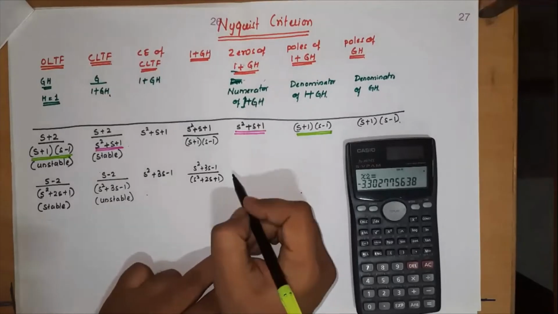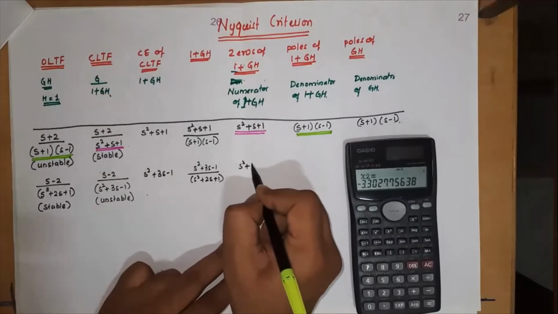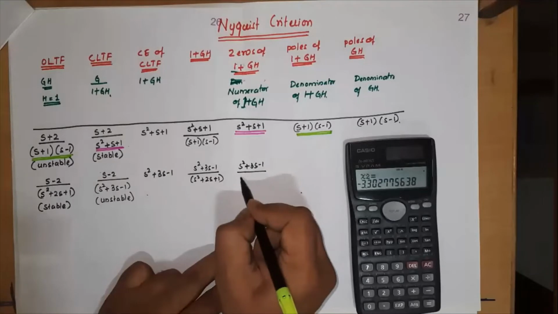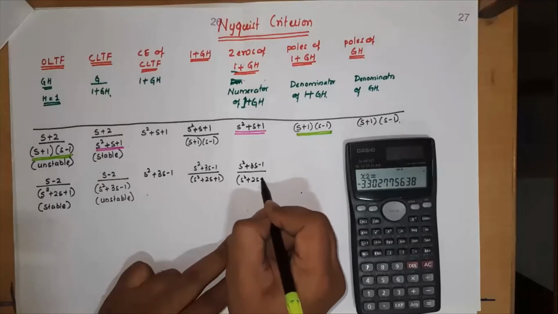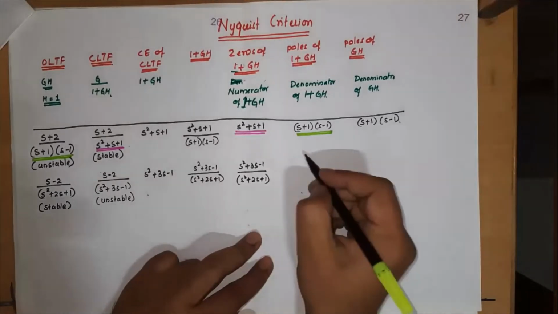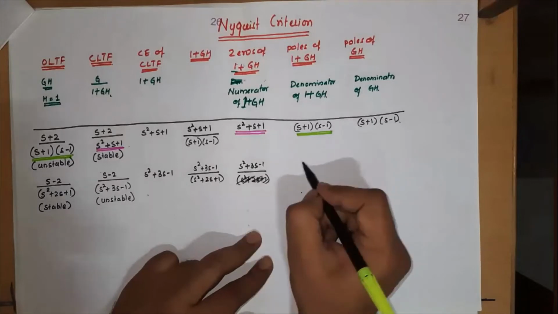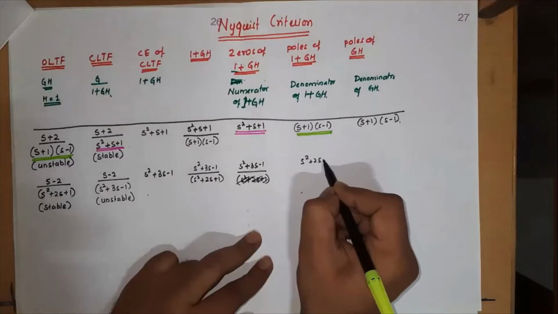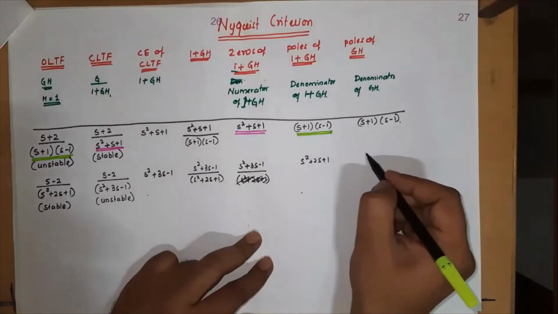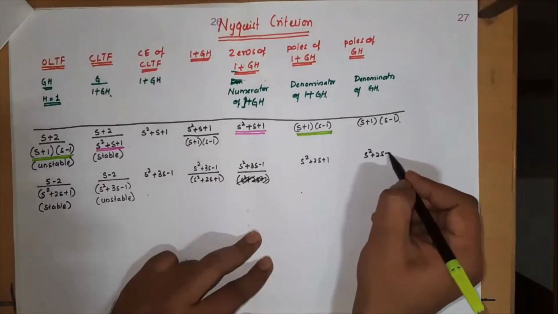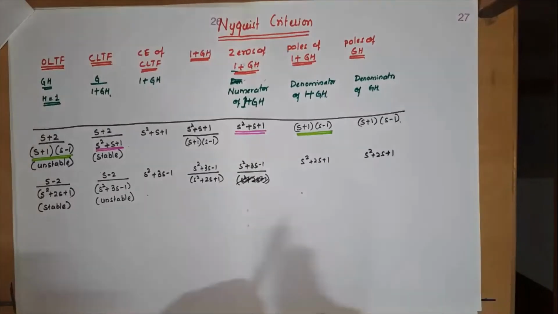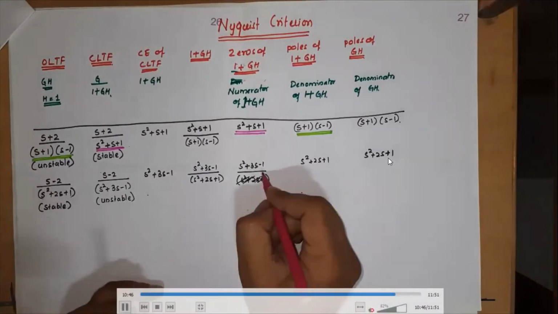Then what are the zeros of 1 plus gh? That is the roots of the numerator. Sorry, this denominator should not be written there. And poles of 1 plus gh are the roots of s square plus 2s plus 1. Okay, and poles of gh are the same.